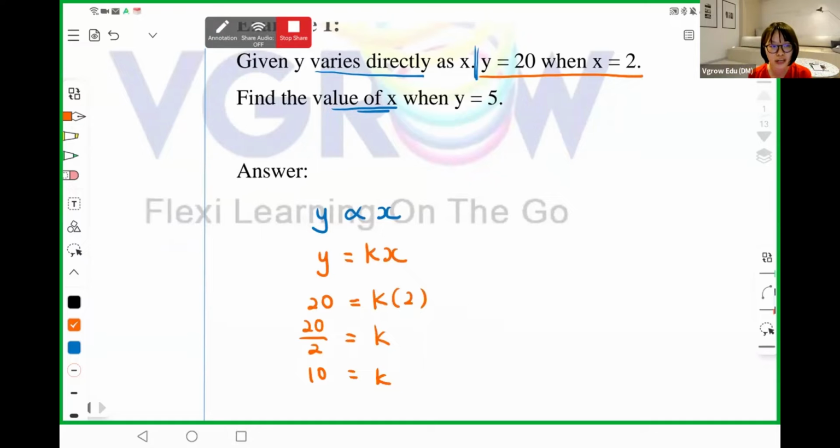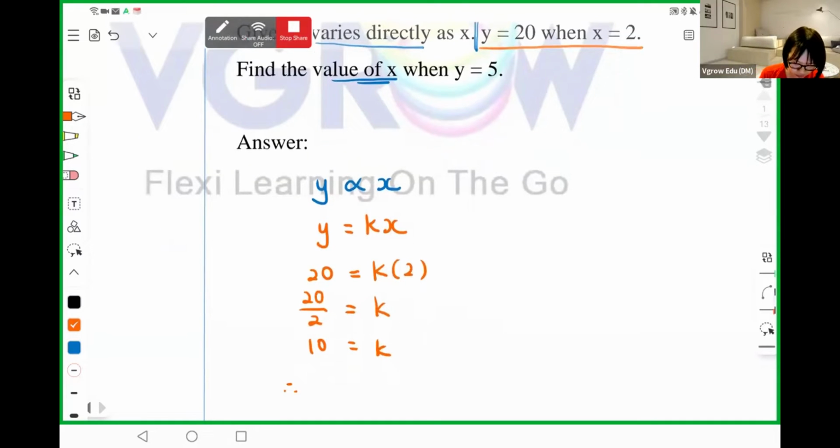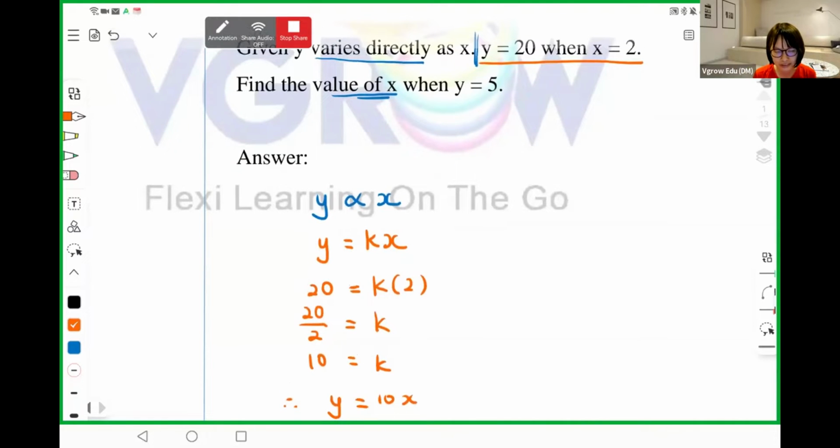We managed to find out the scalar is 10. So y equals 10x, meaning when x increases one time, y will increase 10 times.